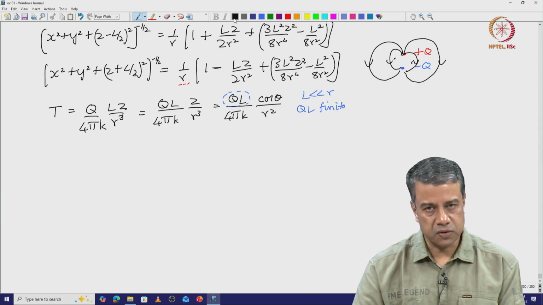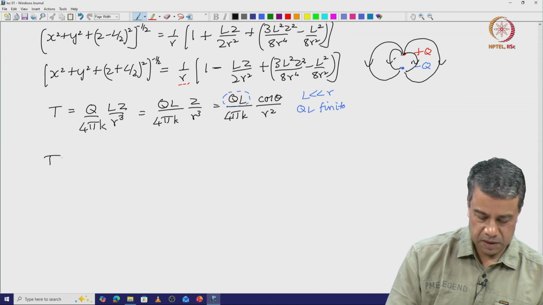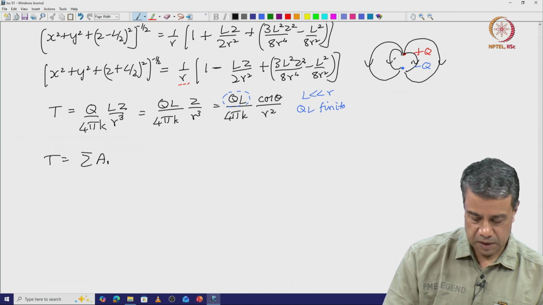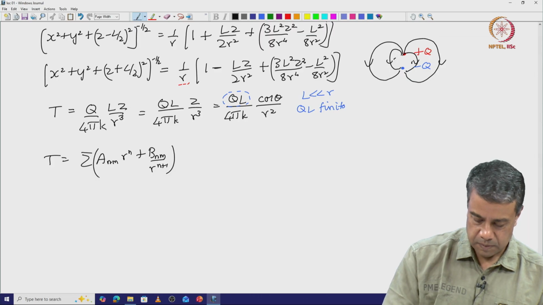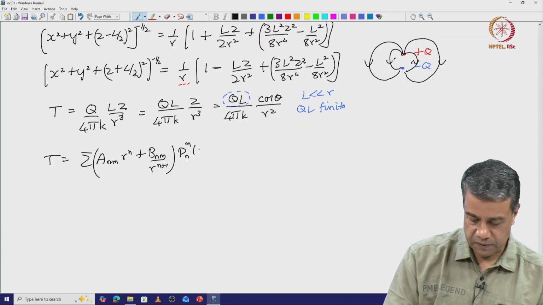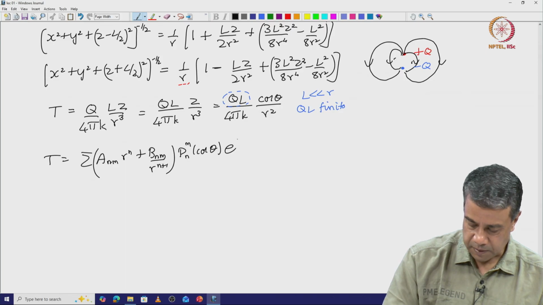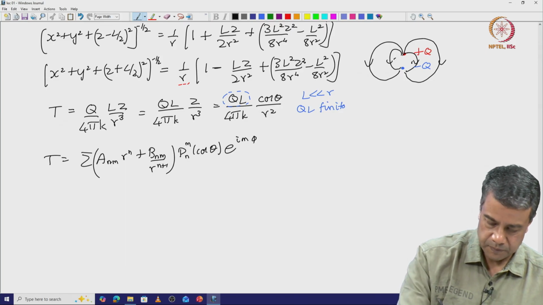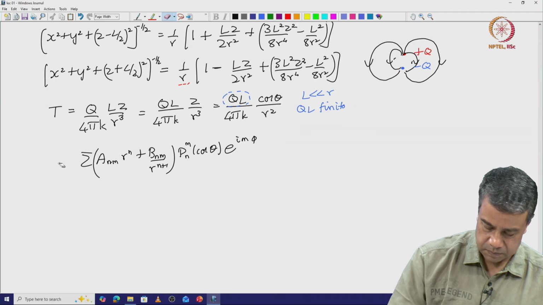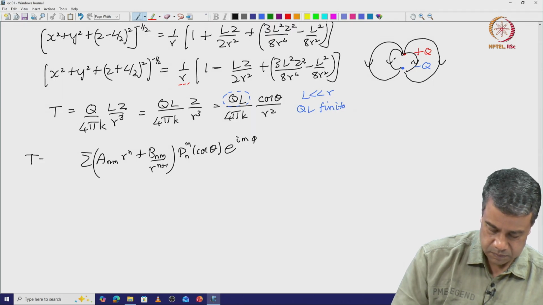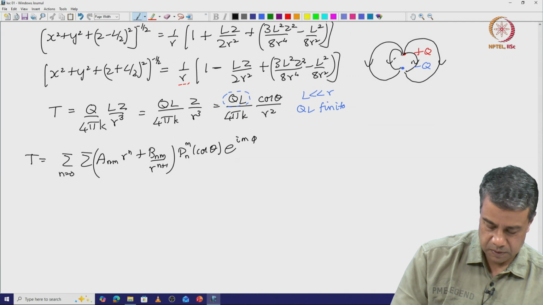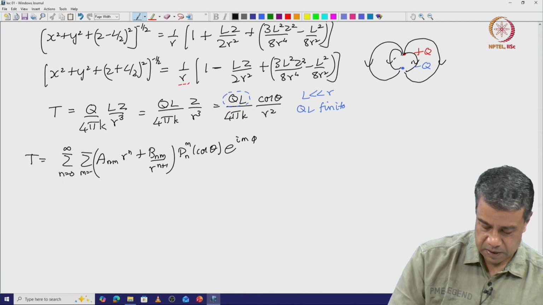And I had shown you that in that expansion T is equal to sigma A n m r power n plus B n m by r power n plus 1 P n m of cos theta e power i m phi, summation n is equal to 0 to infinity, m is equal to minus n to n.